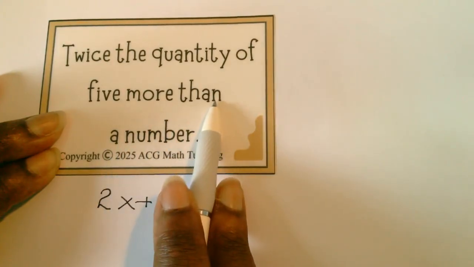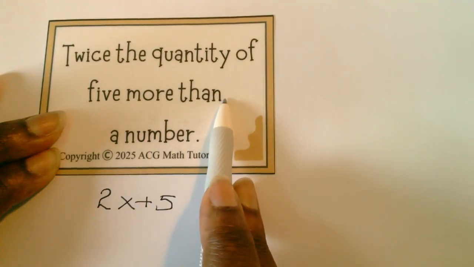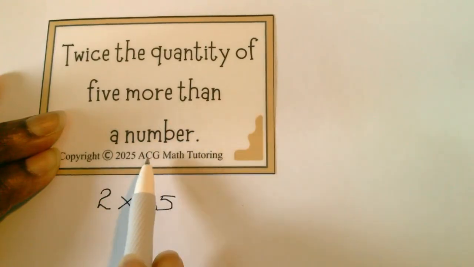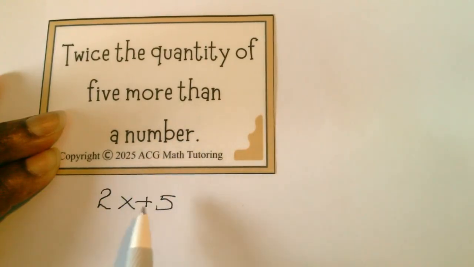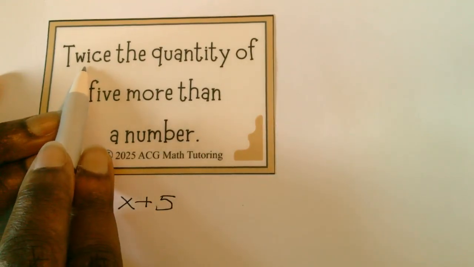More than is not the inequality, which I'm so grateful a lot of you guys didn't put that down. If it said is more than, that's the inequality. But since it just says more than, that's addition. But 5 is going to be more than our number. So that means 5 is going to be the one that's carrying the addition sign. But let's get back to twice.